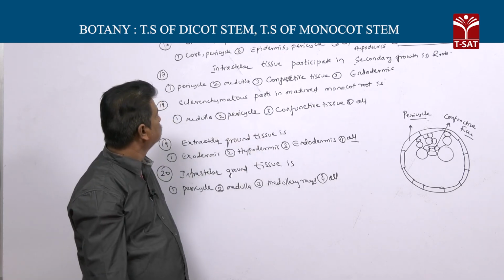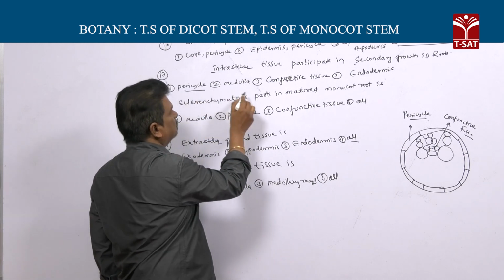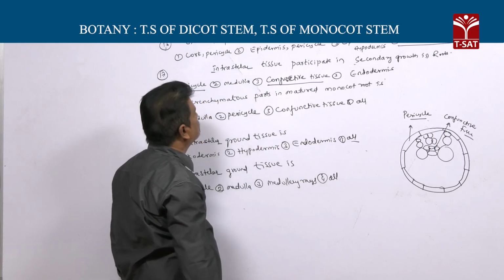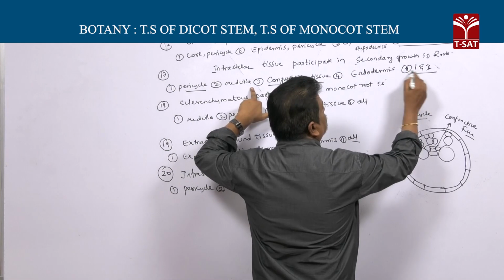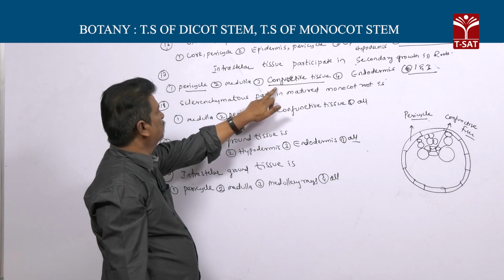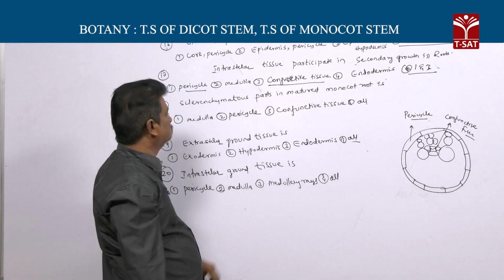So the second one is pericycle and conjunctive tissue. The answer is 4, which means 1 and 3: pericycle and conjunctive tissue.